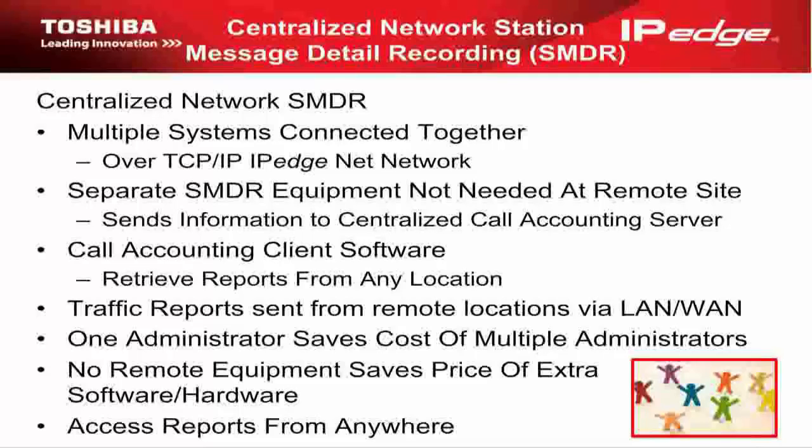Traffic reports are sent from remote network locations to the call accounting system as well. This record is a 15-digit hexadecimal character called a multi-node call identification number. This multi-node call ID is attached to every call record output by every node, allowing the SMDR call accounting application to gather all records relating to a call in order to follow the call across nodes.